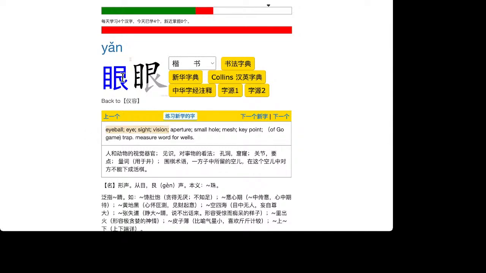But this yin also has the meanings of aperture or small hole, a little opening, mesh, key point, trap in the game of Go, or measure word for wells, because what is a well but an opening into the earth?